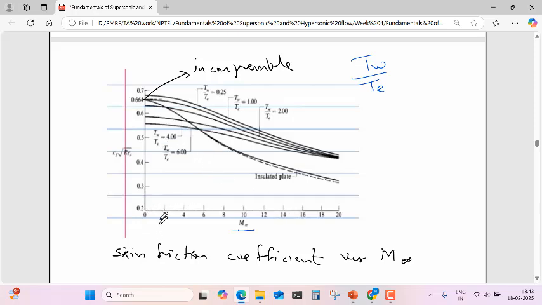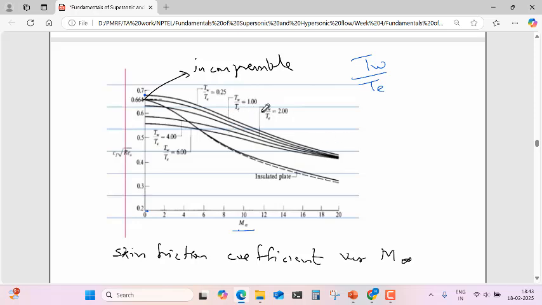We increased the Mach number from 0 to 20, and for TW by TE equal to 0.5, it decreases from around 0.67 to approximately 0.45. So this is not too much decrease.